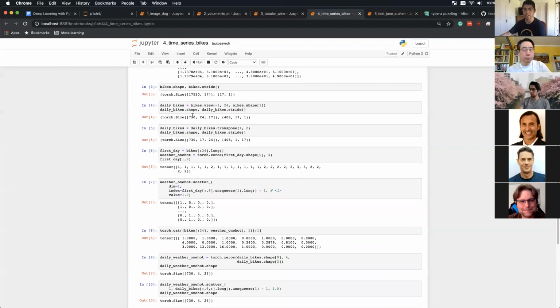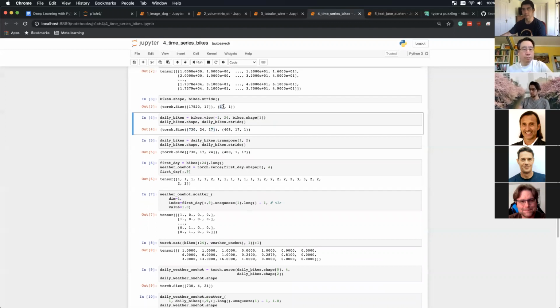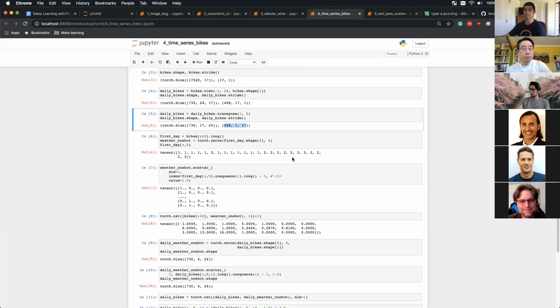You can see that the shape has changed from this to this. So this is the number of days of data that they have, this is the number of hours, and this is the number of features. And then we can see that the stride was originally 17 by 1, and now it's changed to 408 by 1 by 17. That's some crazy thing that's used to manipulate it into the right shape that we're interested in.